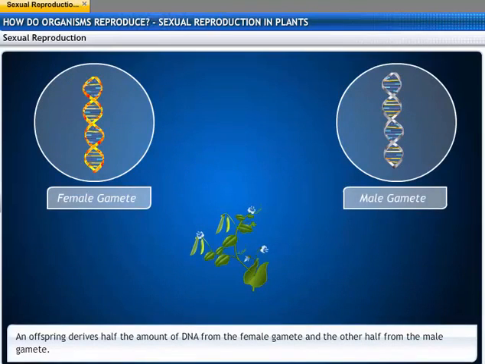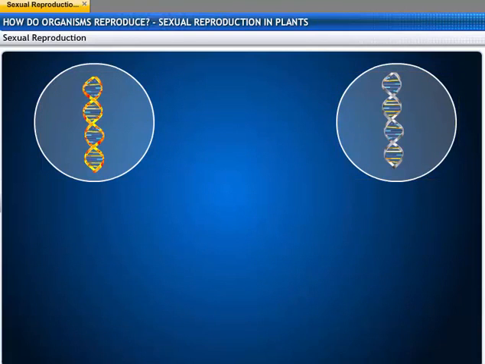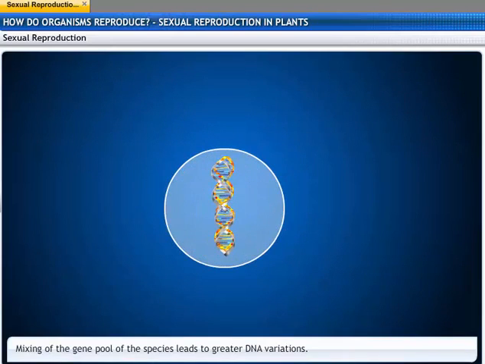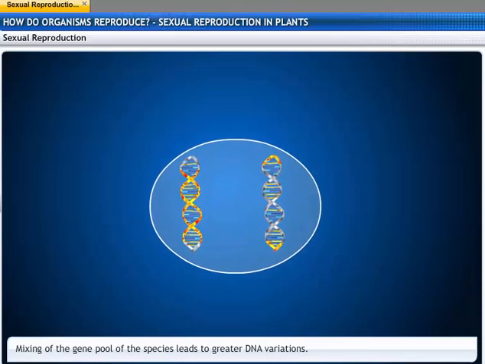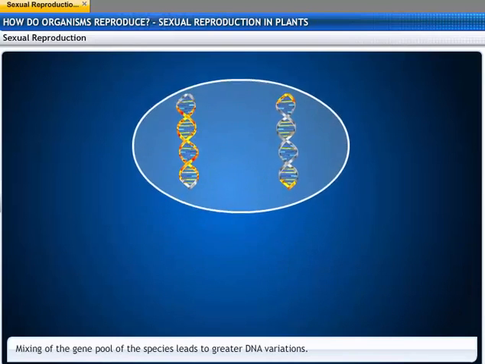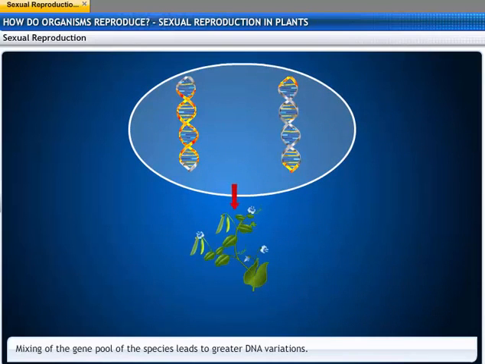The new individual or the offspring derives half the amount of DNA from the female gamete and the other half from the male gamete. Thus, sexual reproduction ensures a mixing of the gene pool of the species, and due to genetic recombination during meiosis, greater variations occur.